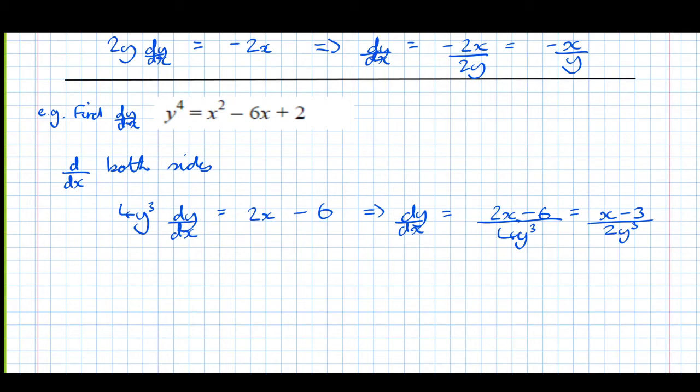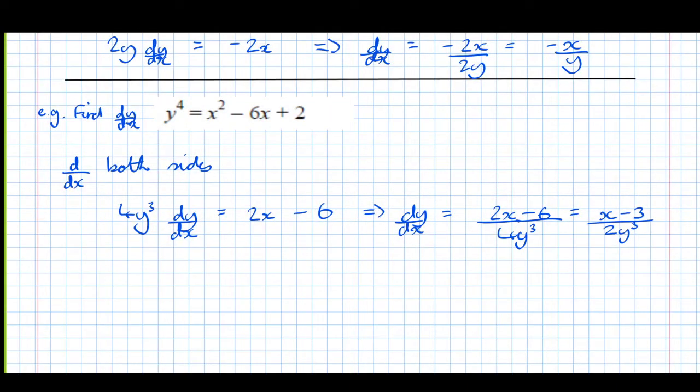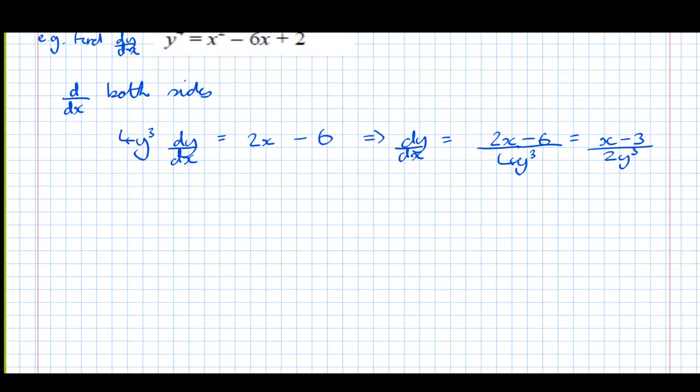So what we need to do now, quite often we're going to have differentials that involve the product rule. But before I go on to that, just a quick note.